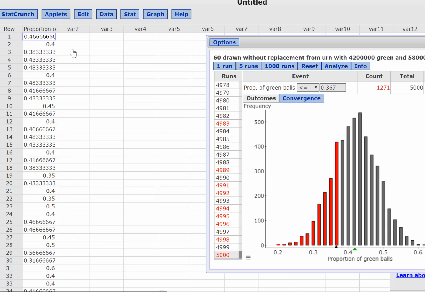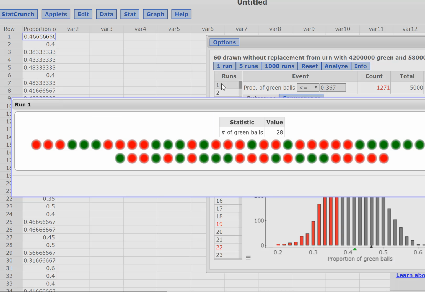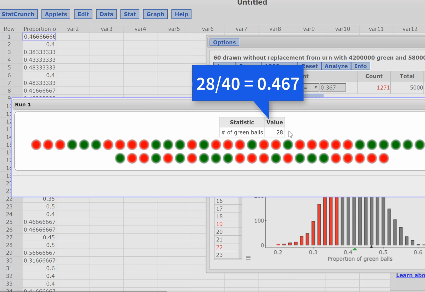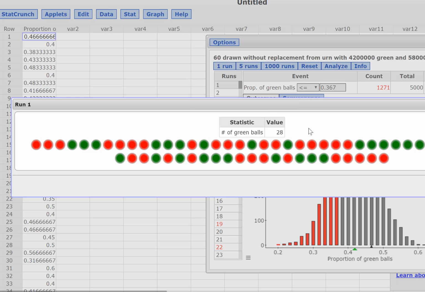See how the first row says 0.467? Compute 28 out of 60 for me. That's 0.467. So the 0.467 in the data table is based on the fact that the first time I did this, I got 28 that said I'm Republican.